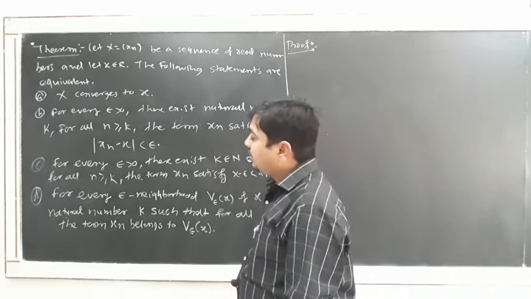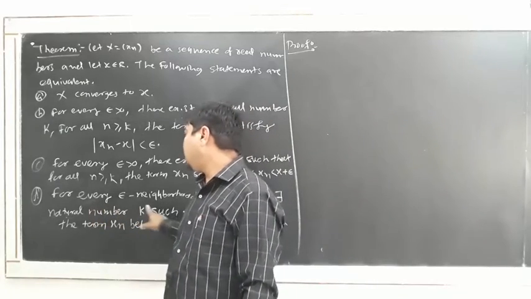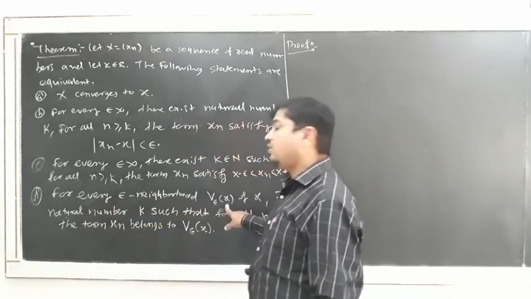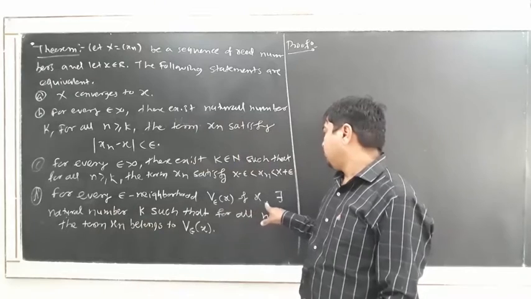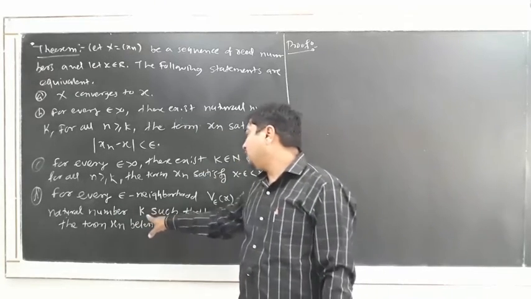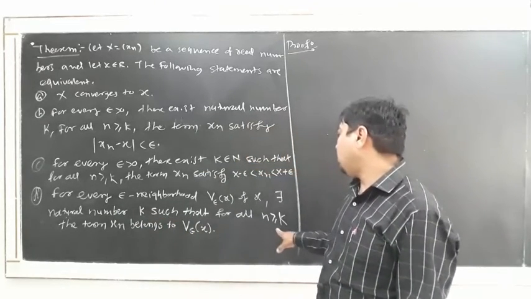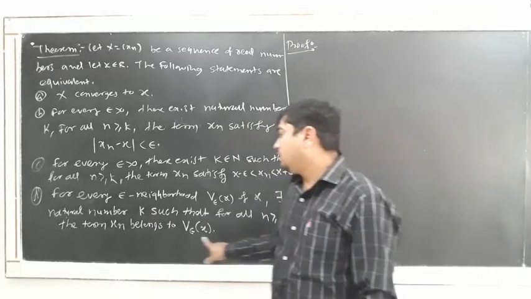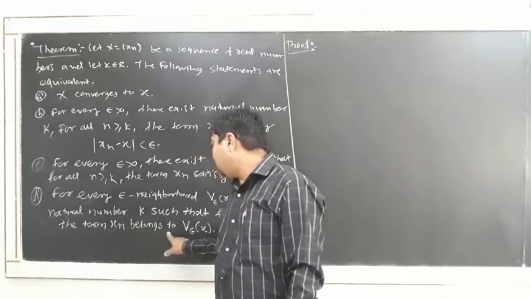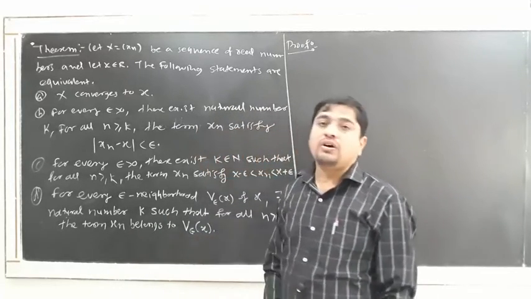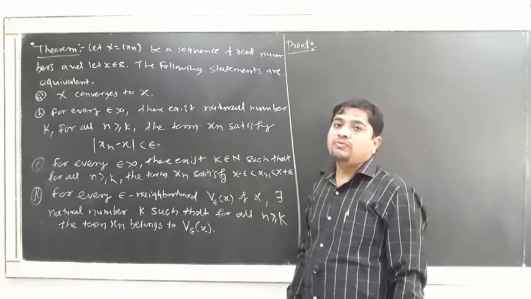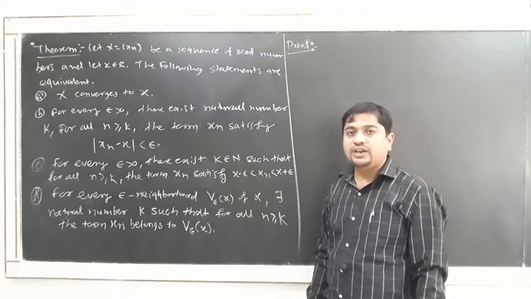D: for every epsilon neighborhood V_epsilon of x, there exists a natural number K such that for all n greater than or equal to K, the term xn belongs to the V_epsilon neighborhood of x. Okay.